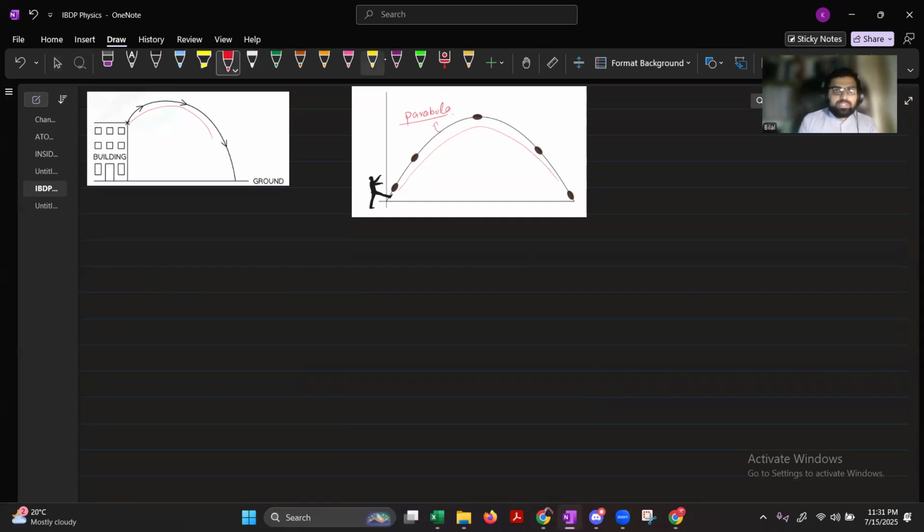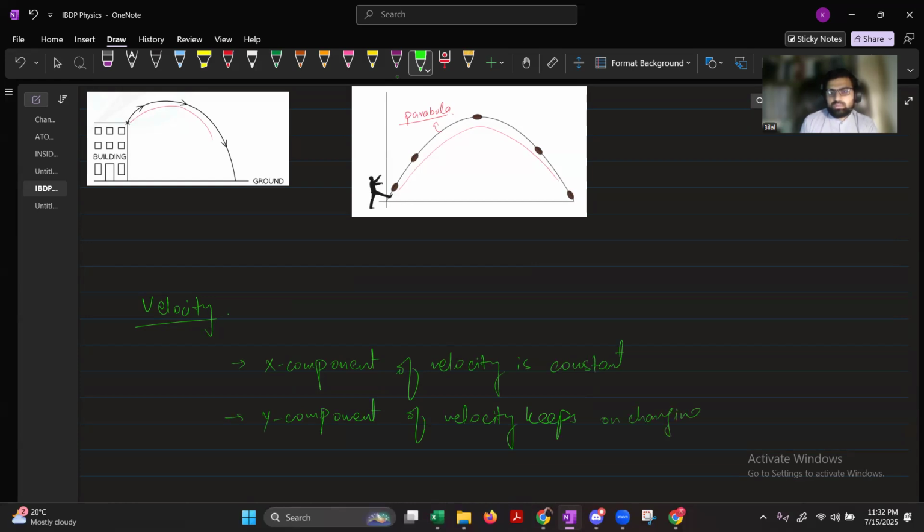About velocity, the first point is the x component, or horizontal component, of velocity is constant, and the y component of velocity keeps on changing and becomes zero at maximum height.